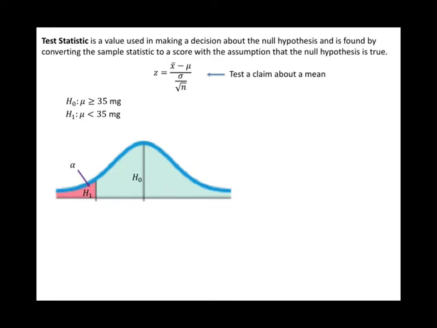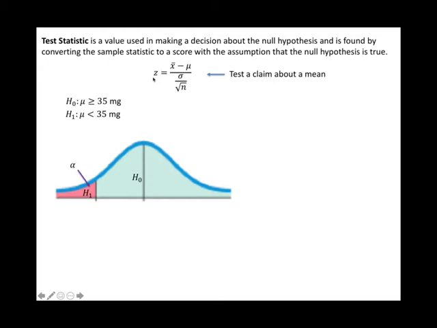I will use this data to calculate the sample mean here. So I have the sample mean, I have n equal to 40, and the population mean will be equal to this, the 35 milligrams. And they're supposed to give me the population standard deviation. So we get all the values from the data, and then we can put them into the formula to find the z-score. This is called the test statistic.